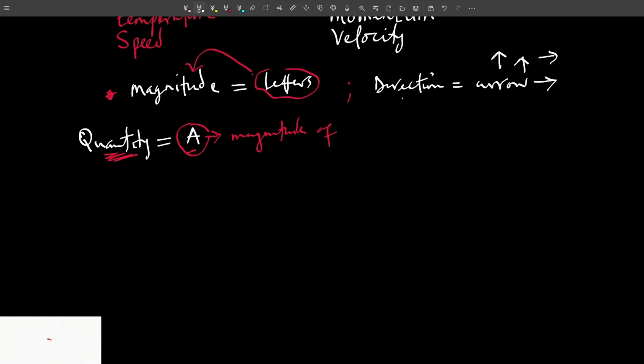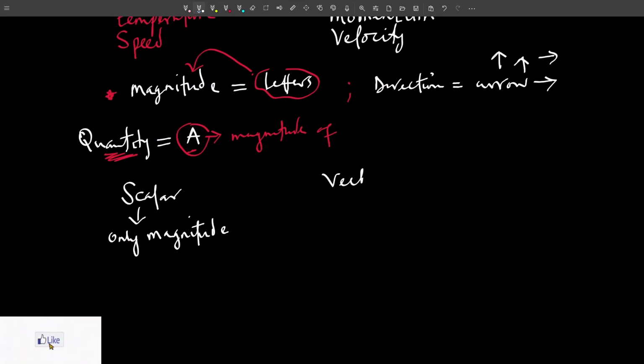So let's come back to the definition of scalar and vectors. Scalars have only magnitude. We use letters to represent magnitude, right? Which means that for a scalar quantity, you only see letters. You won't see any arrow. Do you understand that?